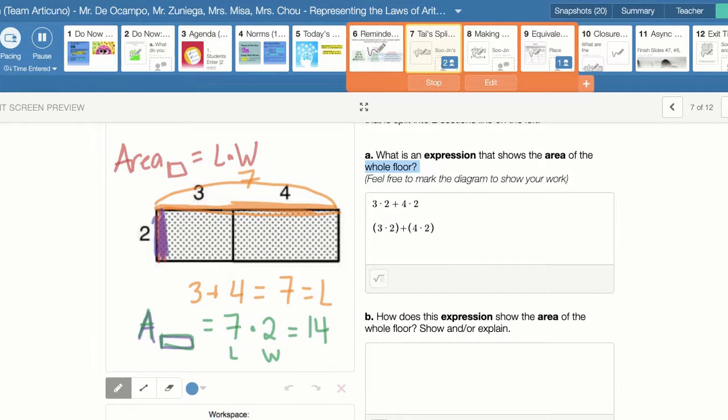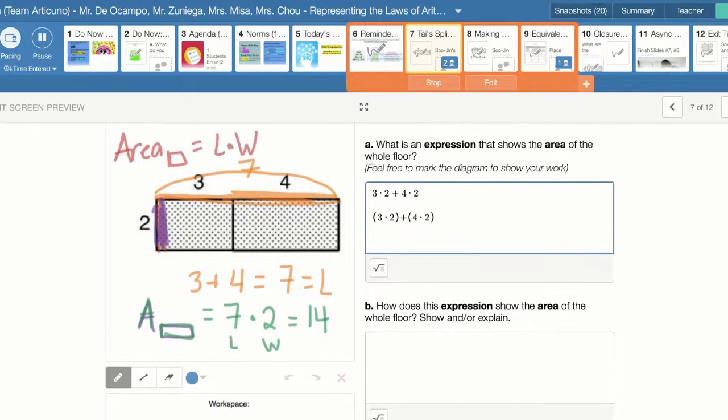And now the challenge is, how do you take what we just did and turn it into an expression that we can write? By the way, you would be putting this in letter C and not letter A, but I don't want to scroll down there. How do we write this as an expression so that there are no equal signs?